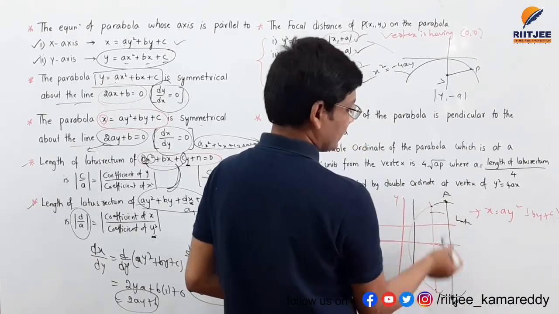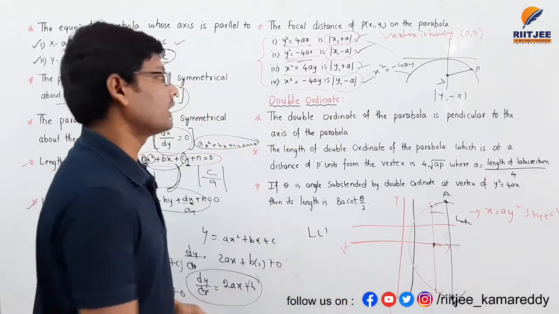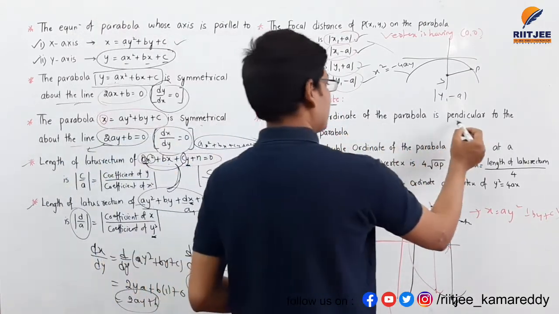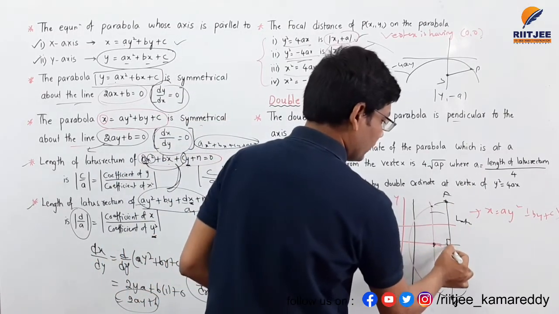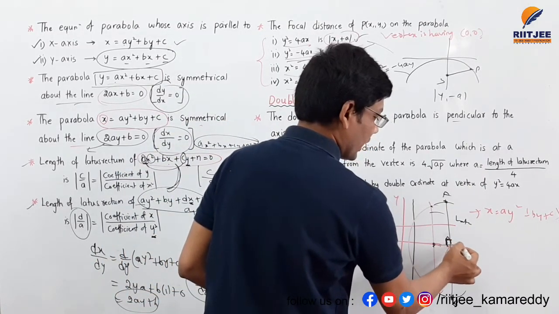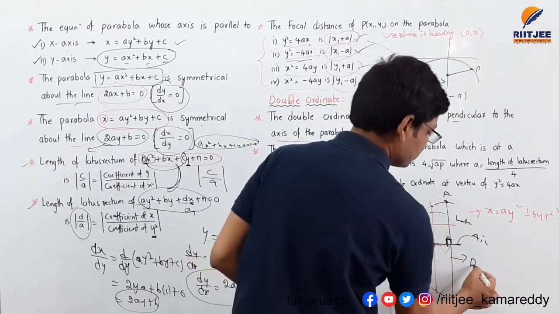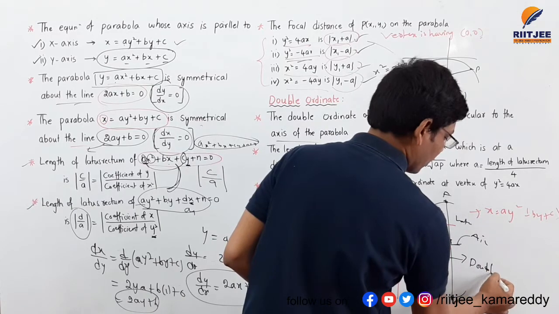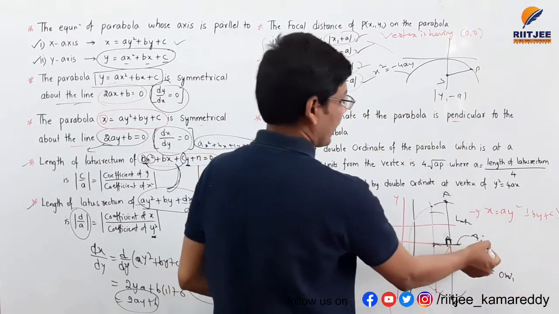The latus rectum passes through the focus, but the double ordinate does not have to pass through the focus. The double ordinate of the parabola is perpendicular to the axis of the parabola. This is the axis, and this is the double ordinate. A double ordinate is always perpendicular to the axis.